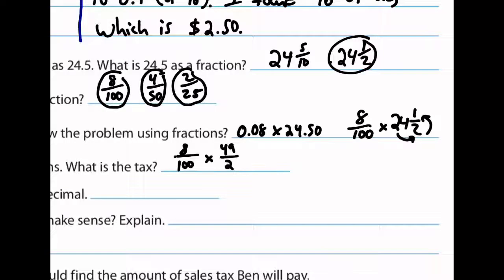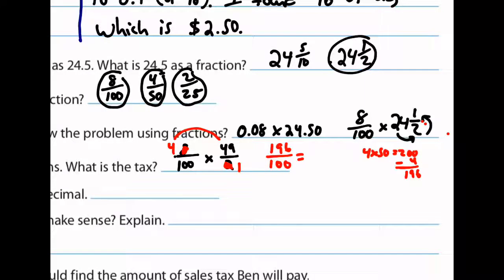I would do a little bit of bow tie reducing. 2 goes into itself once. 2 goes into 8 4 times. So if you do 4 times 49, I know 4 times 50 is 200, so 4 times 49 is going to be 4 less, which would be 196. Now, 4 times 49 is 196, and 100 times 1 is 100.